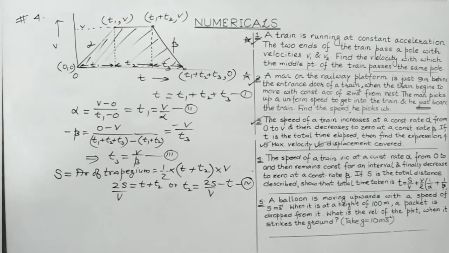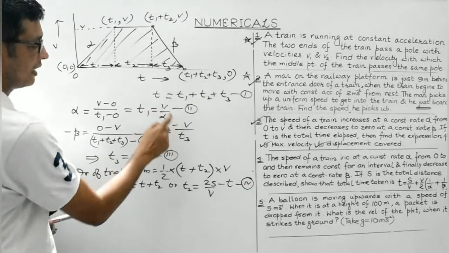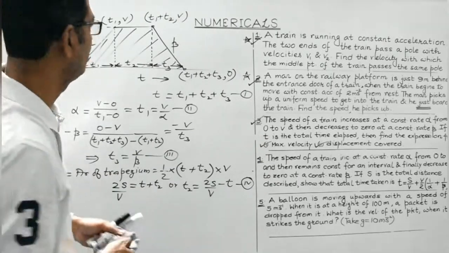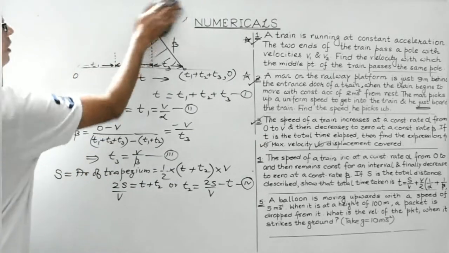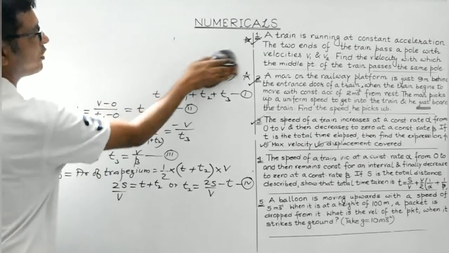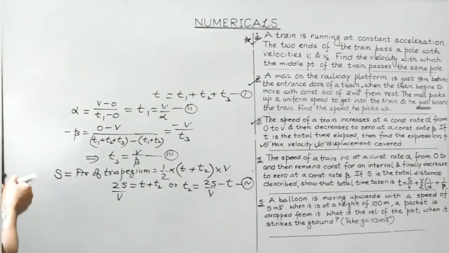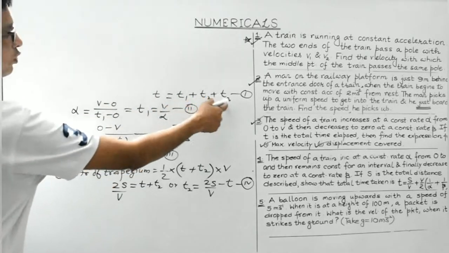Now using first, second, third and fourth, we should get the expression, right? Let's do it. So let's make use of the equations 1, 2 and 3. Actually, there are 4 equations. So let's substitute the values of t1, t2, t3 over here.